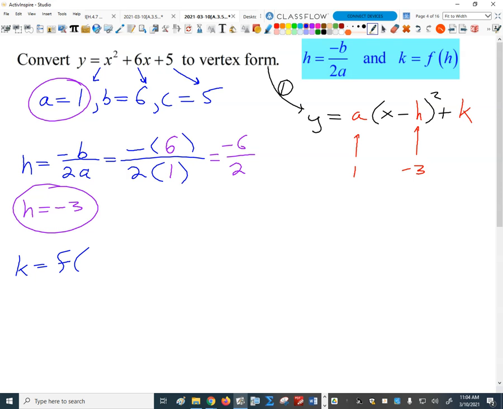Well, we know k is f of h, right? So h is negative 3. So what do we get if we plug negative 3 in? Here's my function that I'm plugging into, right? It looks like just y, but that's the same thing, of course, as saying f of x. f of x equals x squared plus 6x plus 5. So I'm just plugging negative 3 in for my x.